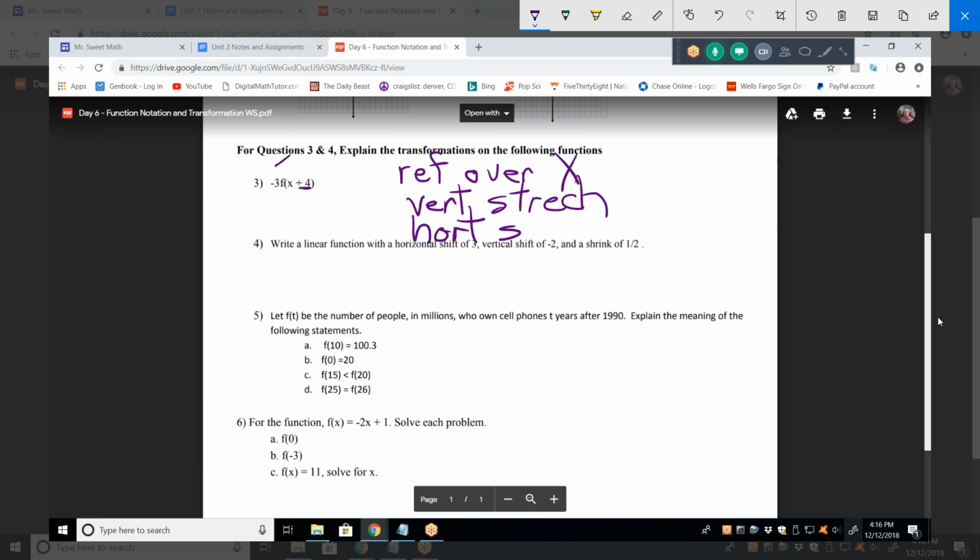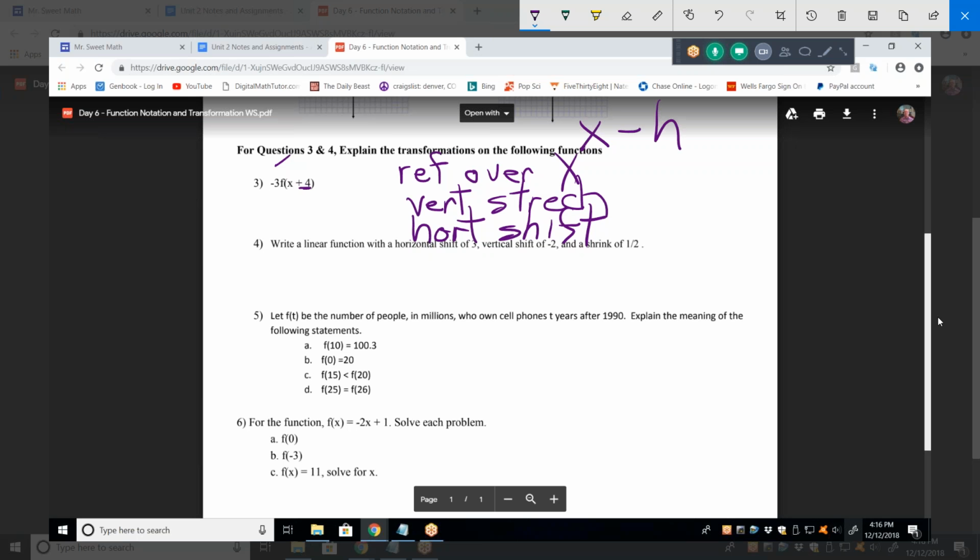So we know it's a horizontal shift, but we have to say which way. Is it left or right? Right, because it's positive. What's the standard? The standard is x minus h. So what is h here? The 4. h would be -4.